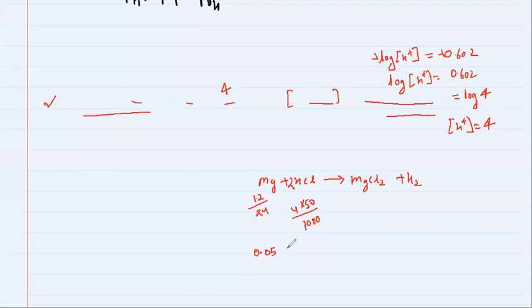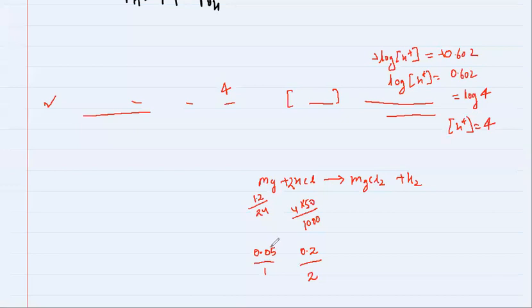Yes or no? And how much is this? It is 1 by 5, which is 0.2. So which of these two is the limiting reagent? This is divided by 1, this is divided by 2. So obviously this is the limiting reagent.